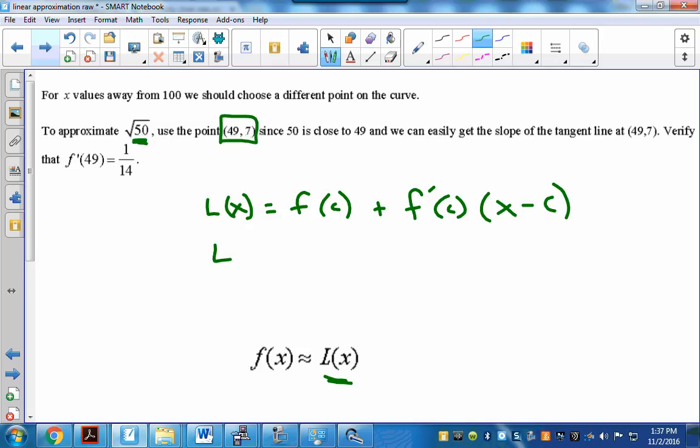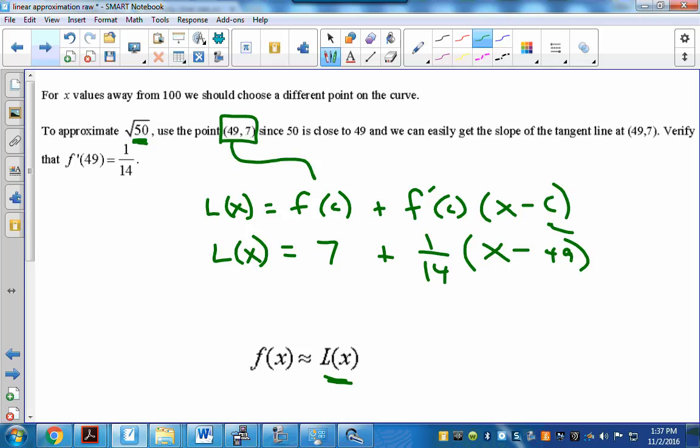So L of x is equal to, what goes here? 7. Okay. Slope, 1 over 14. And then x minus, not 7, 49. 7 is the y-coordinate, right? 7 is the y-coordinate. That goes there. Or sorry, 49 is the x-coordinate, 7 is the y-coordinate.